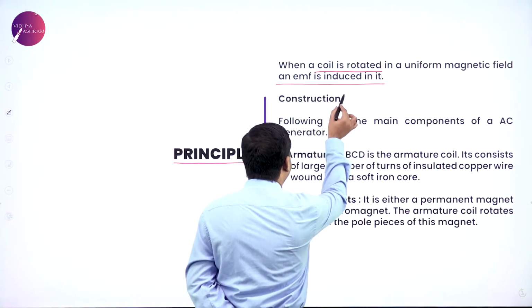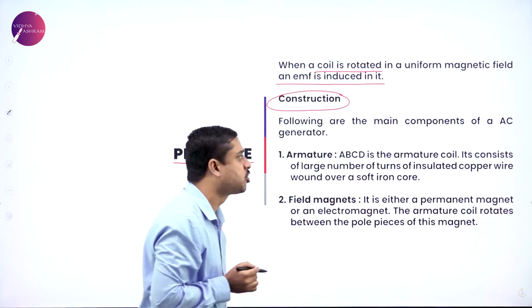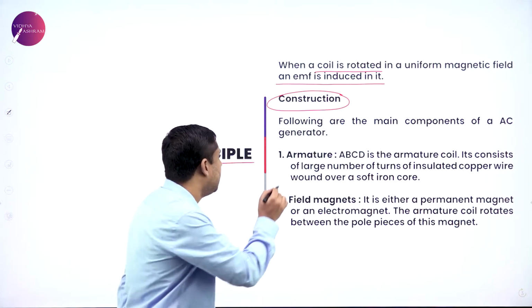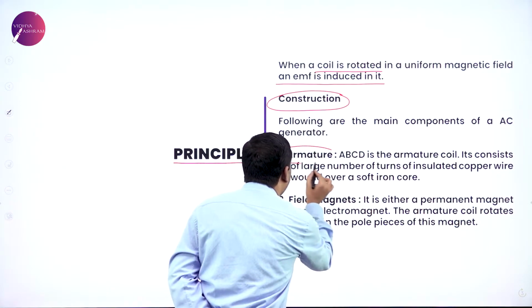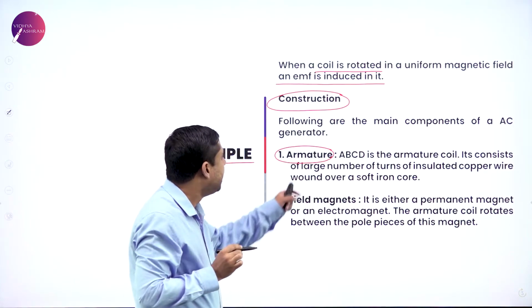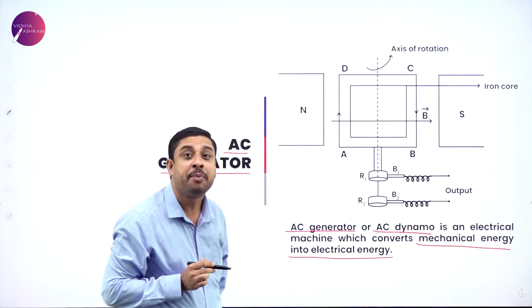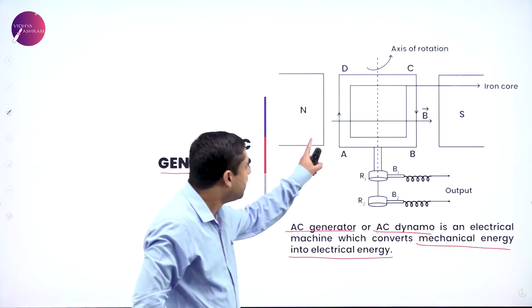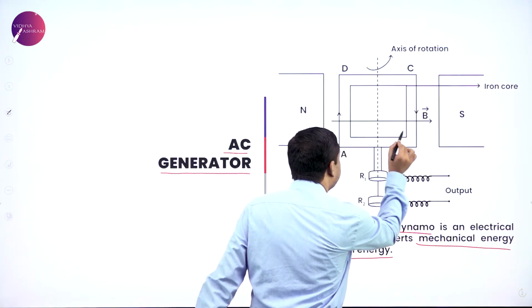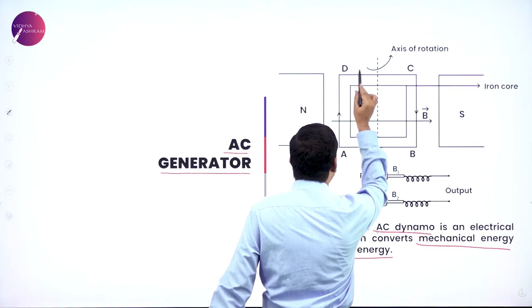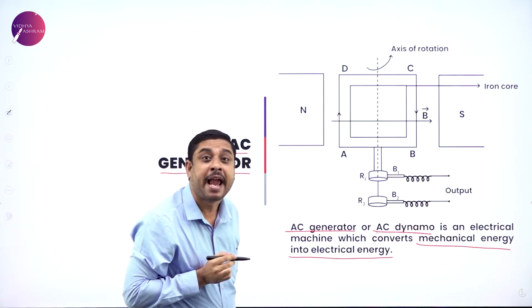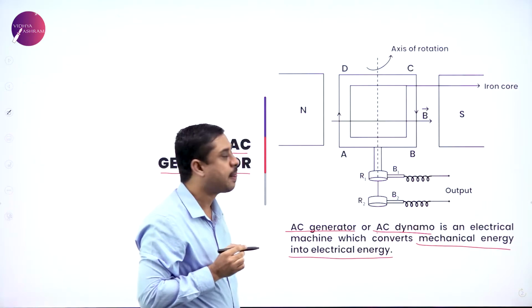Now, let us come to the construction of an AC generator. The main component of the generator is called the armature. Please observe the diagram. A, B, C, D is called the armature coil.